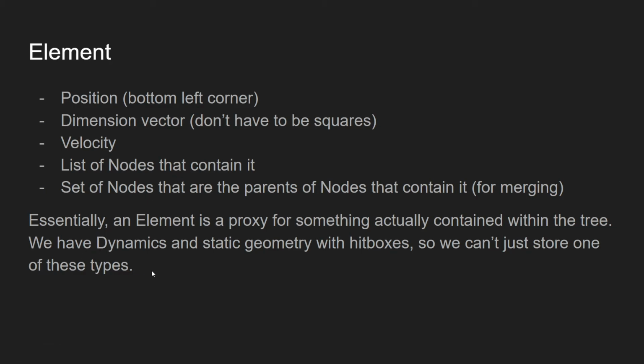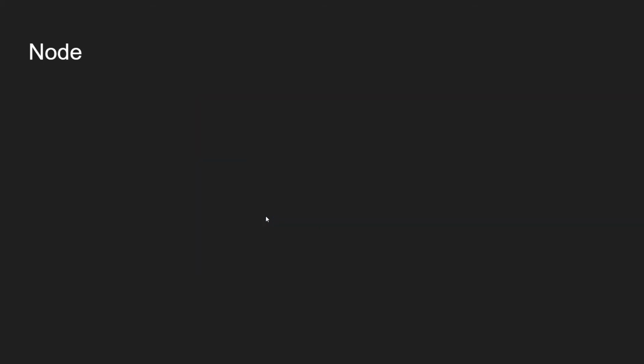And a reason for this, other than just extensibility and making this clean so that you could sort of drag and drop it into any system, is that we have both dynamics and static geometry that have hitboxes. So we can't just store dynamics in our tree, because then that wouldn't account for the static geometry of our maps that are rigid. So that's why we do it this way. So now let's go through some of the operations on each of these types.